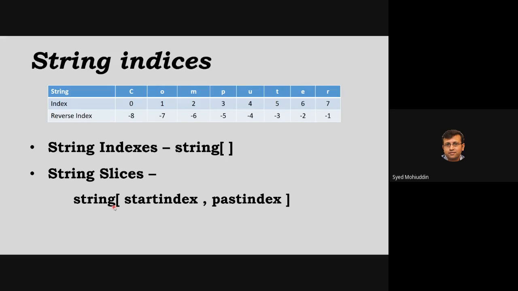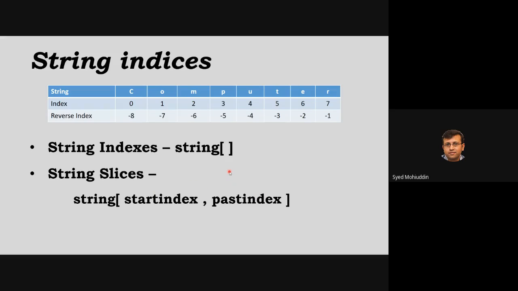So when we have string of 0, 3, the value returned would be 0 to 2. That is COM. P is 3, it's the past index, P will not be returned. So it will be COM.